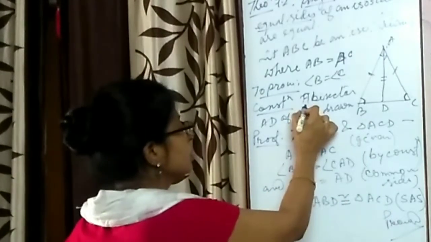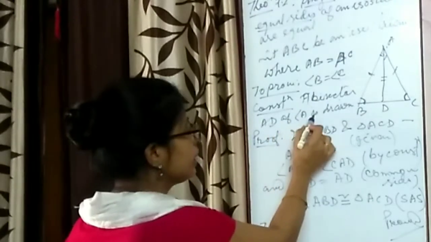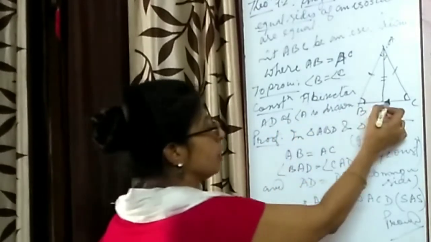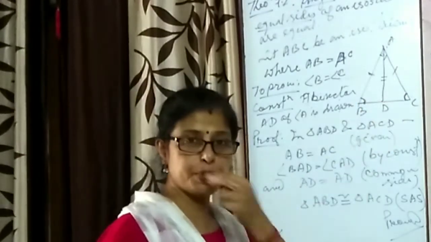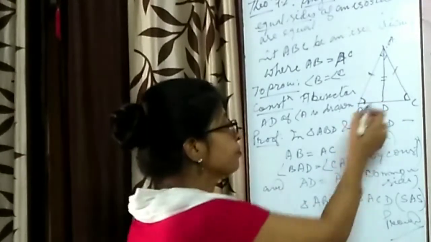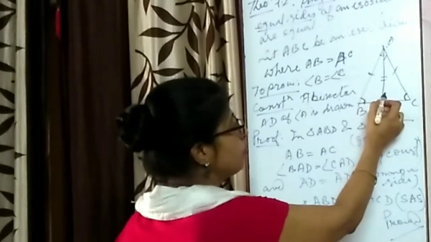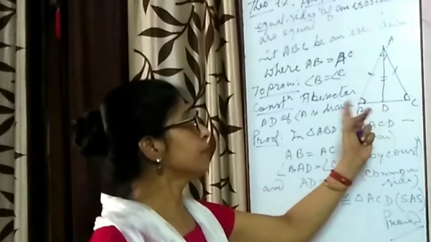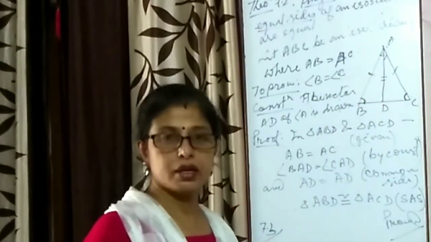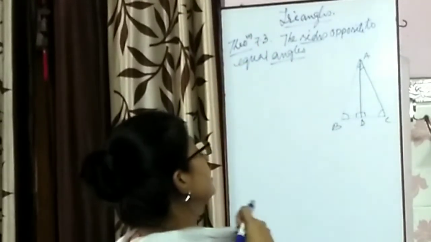Already I mentioned that this bisector was not perpendicular, but in the other one, what is to be drawn? It's a bisector, and moreover, it's a perpendicular also. It's a perpendicular bisector of the side. Clear?